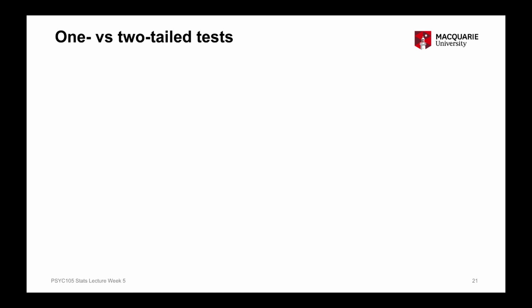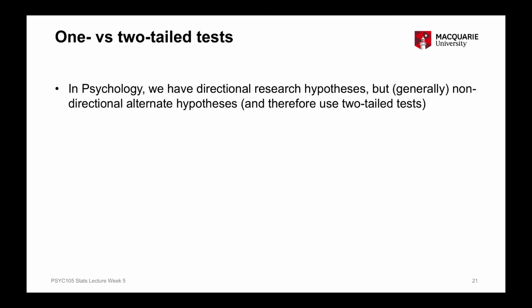And let me give you a better example of that. In psychology, what we tend to do is have directional research hypotheses. Remember that the research hypothesis is the prediction that comes at the end of the introduction that makes a specific prediction about a particular kind of relationship or a particular kind of group difference.